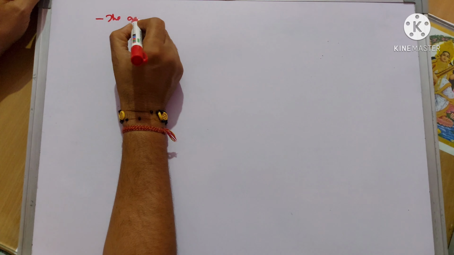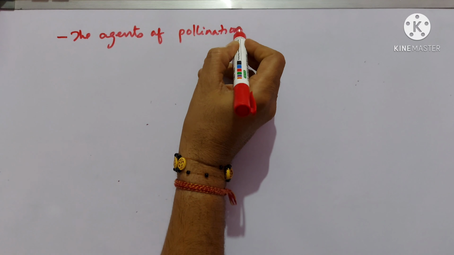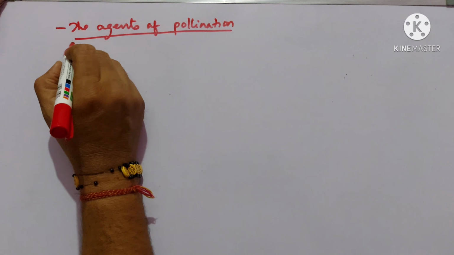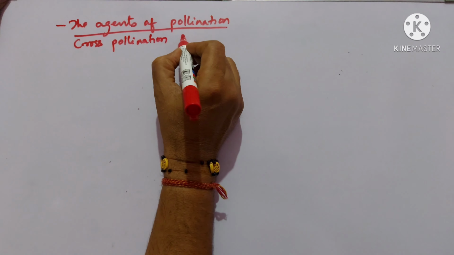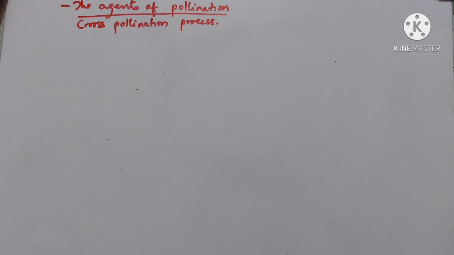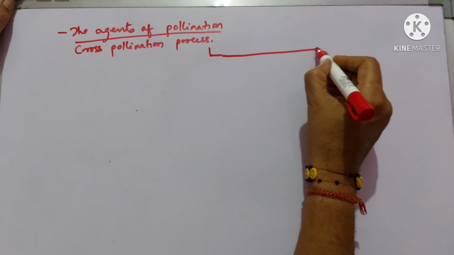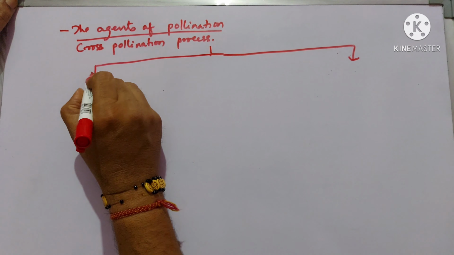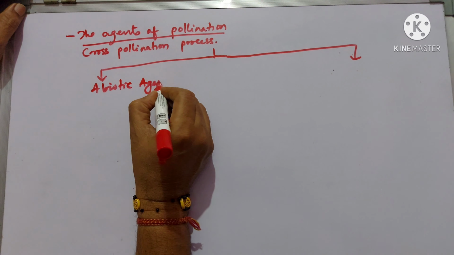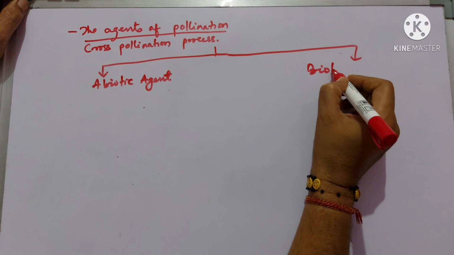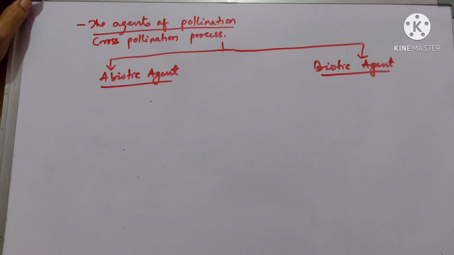The agents of pollination. An agent of pollination is required for the cross-pollination process. We can divide agents of pollination into two types: abiotic agents and biotic agents.